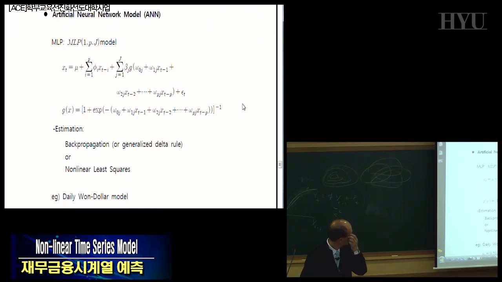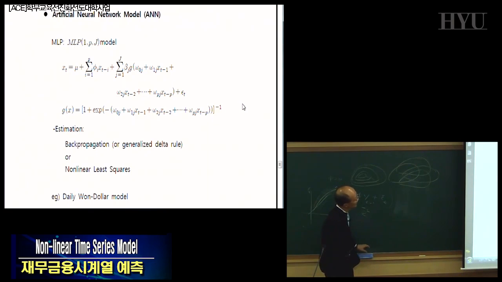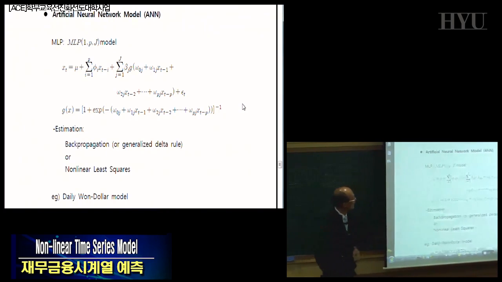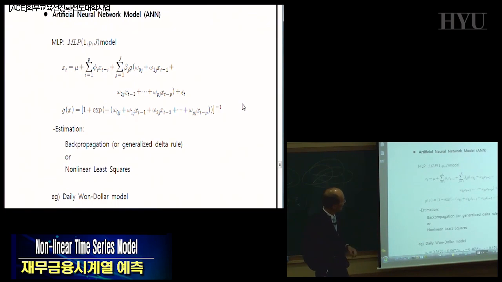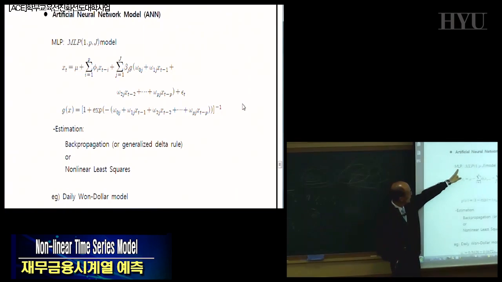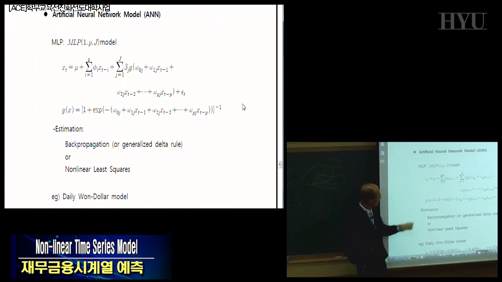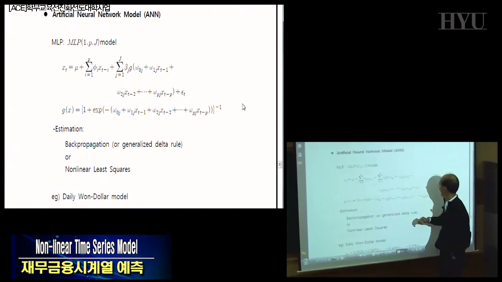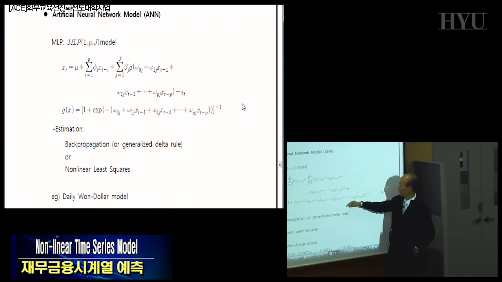And let's take a look at the last nonlinear time series model. Here, what is called artificial neural network, particularly multi-layer perceptron model. In this representation, I write it as follows.